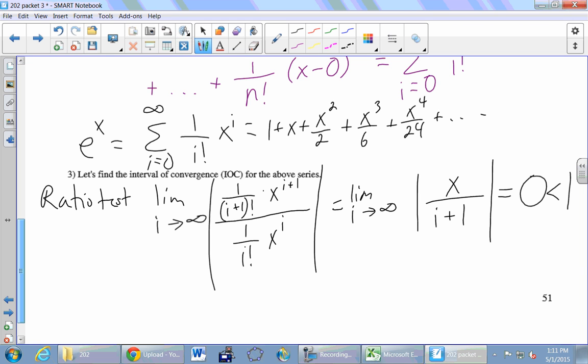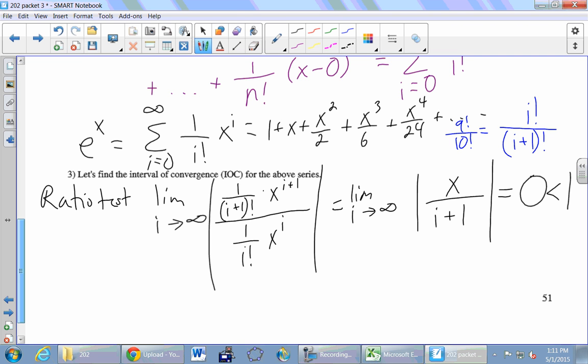So this is some more factorial algebra. It was an I factorial on top and an I plus 1 factorial on the bottom. And the guy on the bottom is 1 bigger than the guy on the top. So there's going to be just the single biggest number, I plus 1, left over on the bottom. If you want to tie that into some reality, just imagine 9 factorial over 10 factorial.